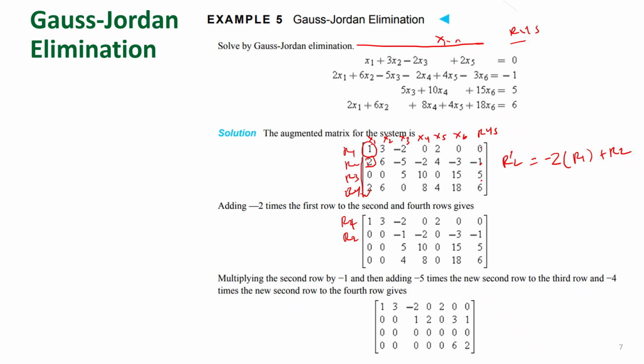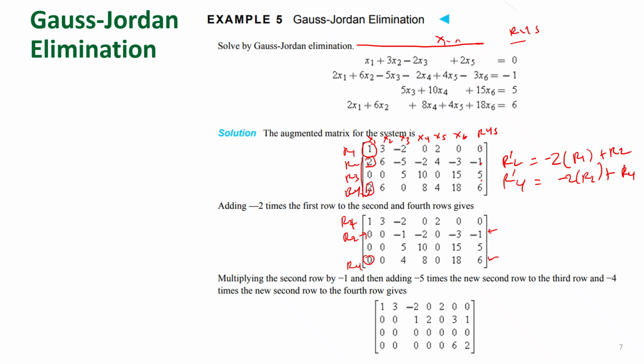This will become 0. And then this one also becomes 0, so the new R4 will be equal to -2 R1 plus R4. So now the new R4 is also 0. As for the rest of the constants, the coefficients here also follow.